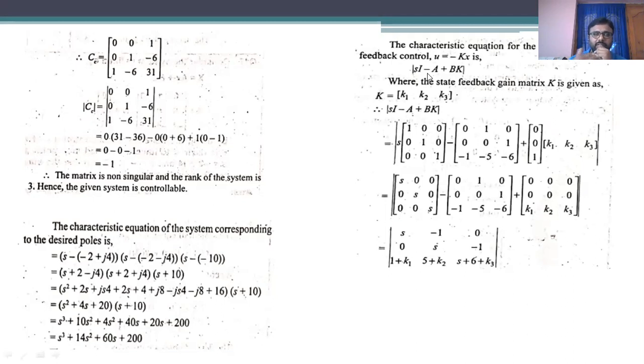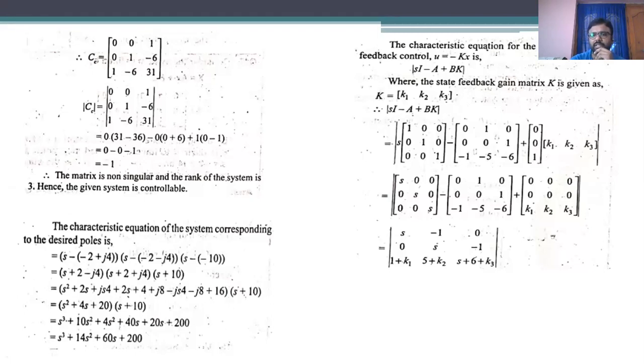In the previous lecture we saw lambda I minus A plus BK. Here lambda is replaced with s. Nothing changed, so don't get confused about this notation. After calculating the characteristic equation from the closed loop poles, we determine the other characteristic equation from the expression sI minus A plus BK, or lambda I minus A plus BK.